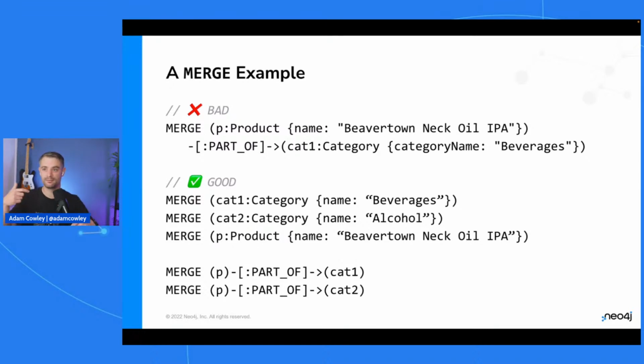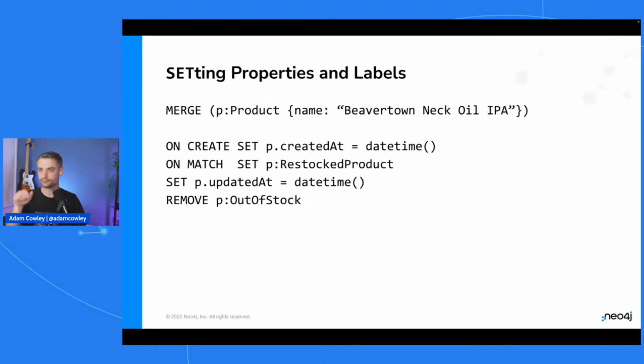Now we can run this statement as many times as we want, and we'll only get 3 nodes and 2 relationships created, because once those are already there in the database, it will just return the values that we already have. So that's creating data.